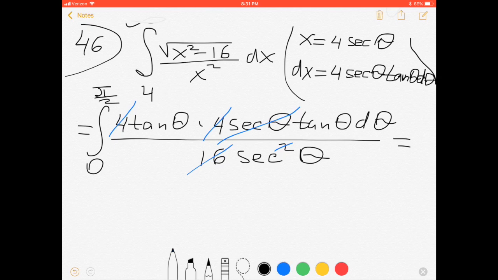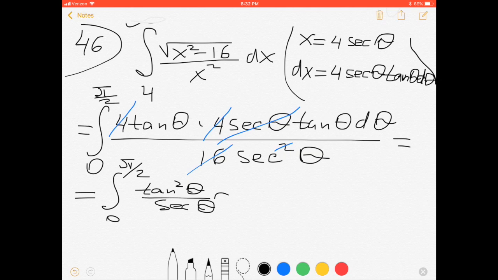And we have the integral from 0 to pi over 2 of tangent squared theta divided by secant theta d theta.